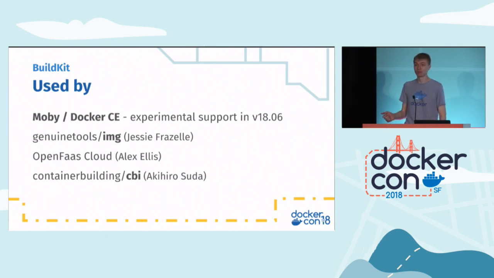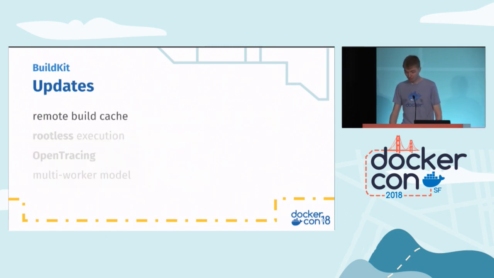OpenFaaS Cloud uses a nice combination of serverless and image building using BuildKit. And there's a project called Container Build Interface that allows you to use Kubernetes YAML to start build jobs, and it also supports BuildKit.